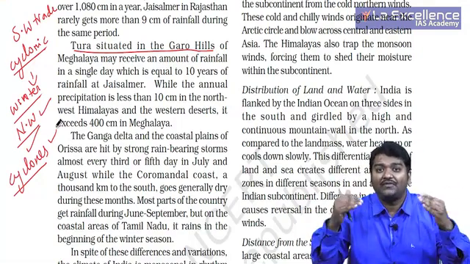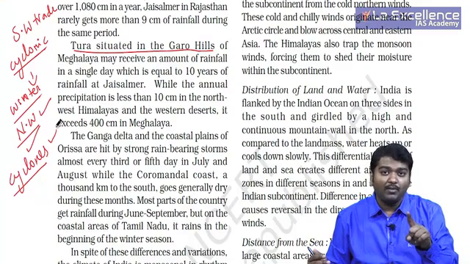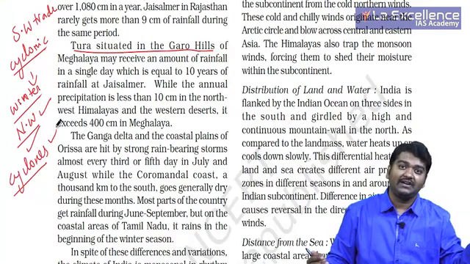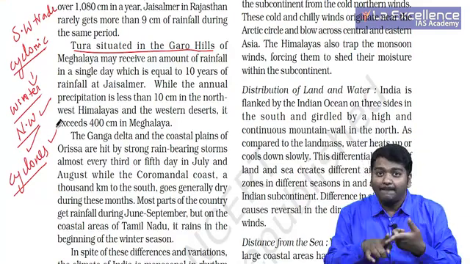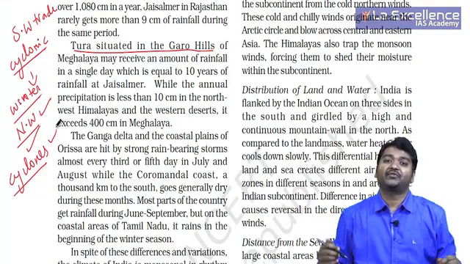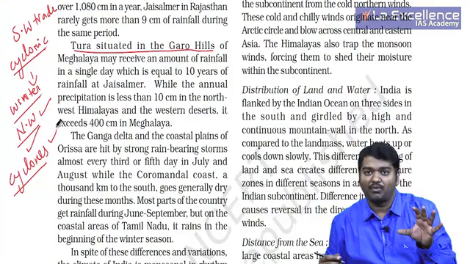This is the unifying factor we talk about, the monsoon. So for the unifying bond, you have to talk from 9th standard NCERT. Diversity, you have to talk from 11th standard. If you combine together, you can write for 125 words. So guys, these facts are very, very important for us.